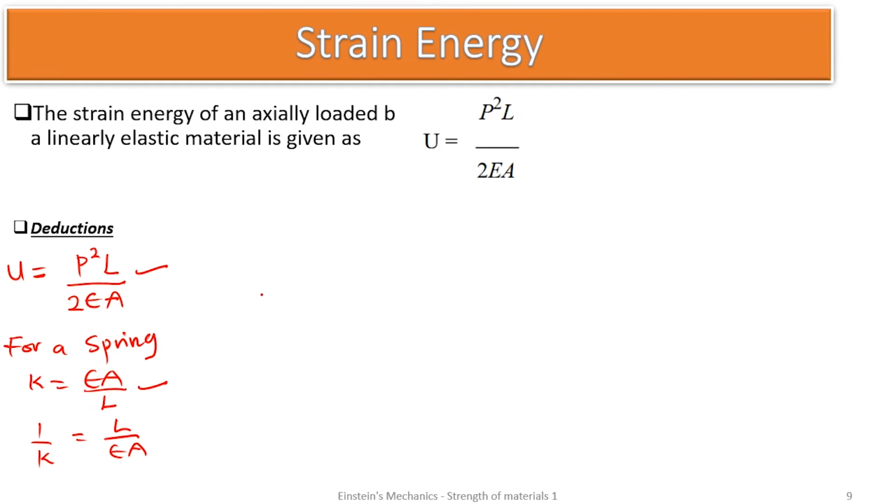Therefore, for springs, the strain energy U can also be P square on 2K, where K is the spring constant. We'll be solving a lot of examples under this spring constant, and we are going to see how it is going to help us.